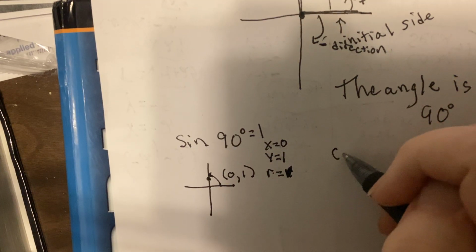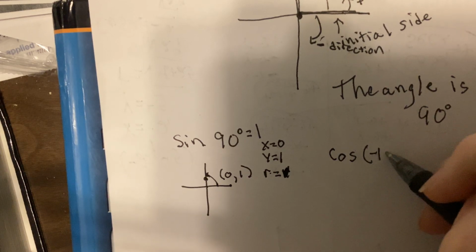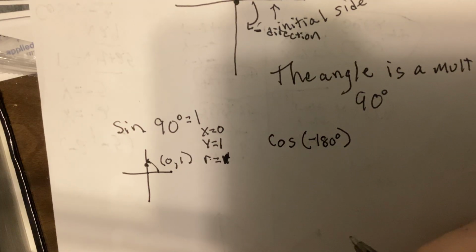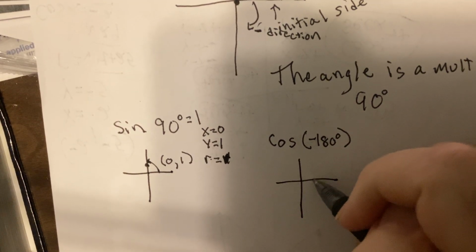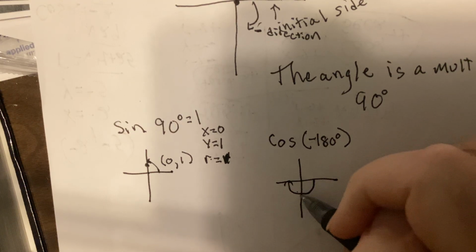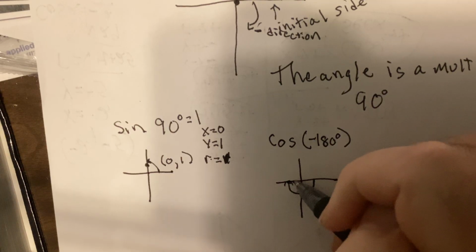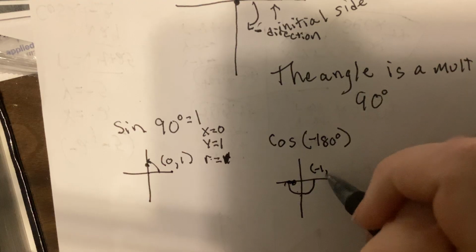So if I said cosine of negative 180, we would say, okay, negative goes in this direction. That's 90, that's 180, so that's negative 180. We pick a point, 1 unit, that would be the point negative 1, 0.